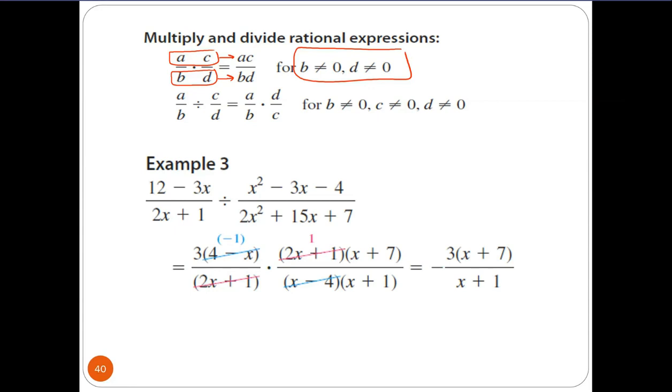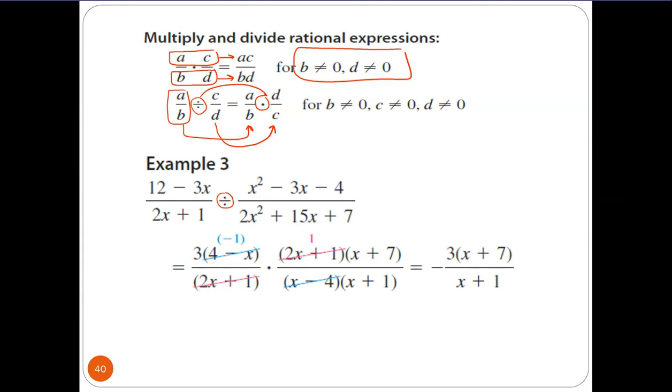In division, the first fraction, put it as it is, a over b, but the division converts to multiplication, and the second, c over d, put it as d over c. So we need to swap the numerators and denominators. This is the idea to convert from a division case to a multiplication case. The first we leave as it is, while the second we flip, numerator to denominator and denominator to numerator.